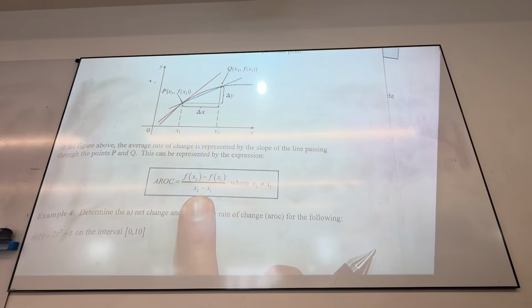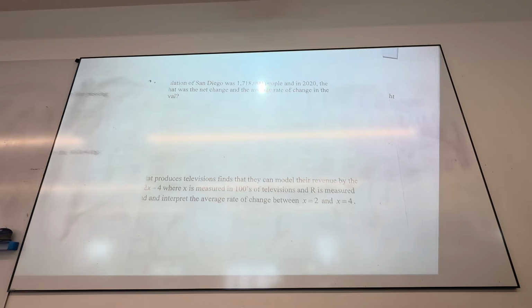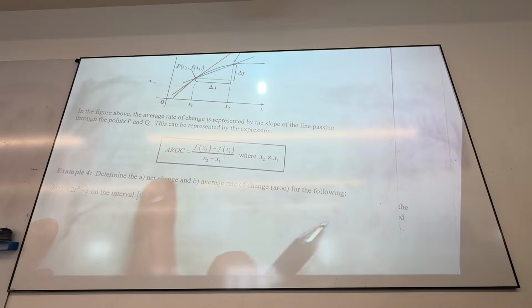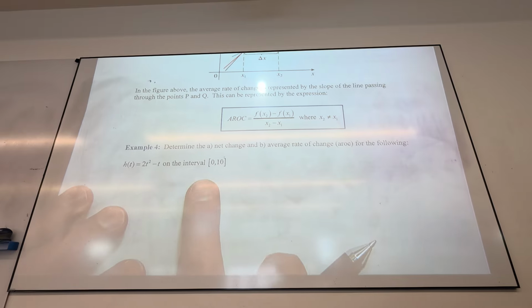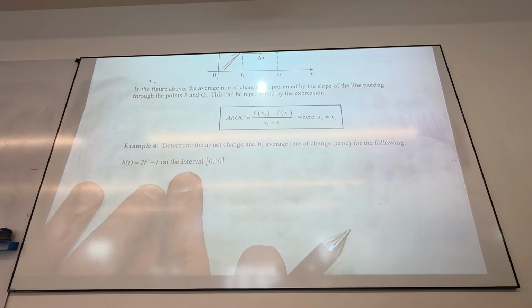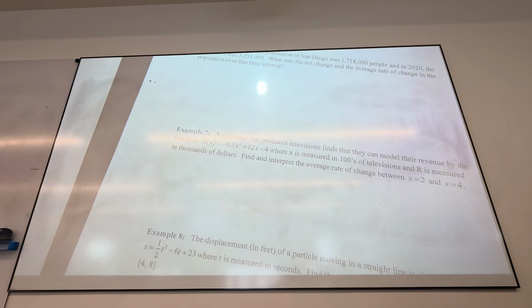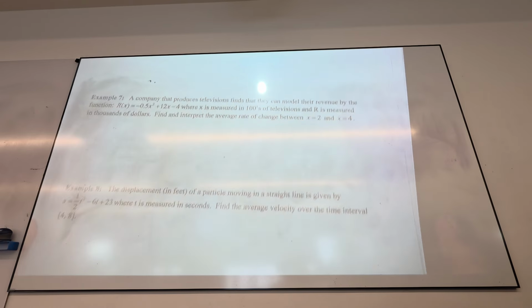We talked about this. Okay. Well, it's probably good that we're talking about it again, because all of you look at me like this is brand new. There's my average rate of change formula. So if I give you a function, we could just get the average rate of change. I think we did this problem. Yeah, okay. And then I think I did, let's do this. Look at example 8.